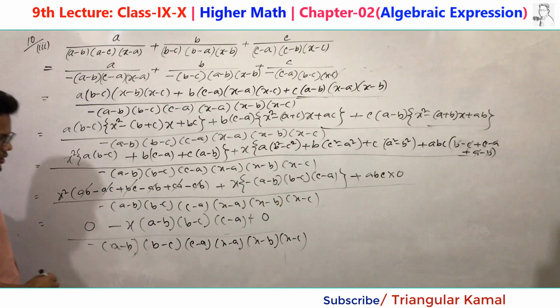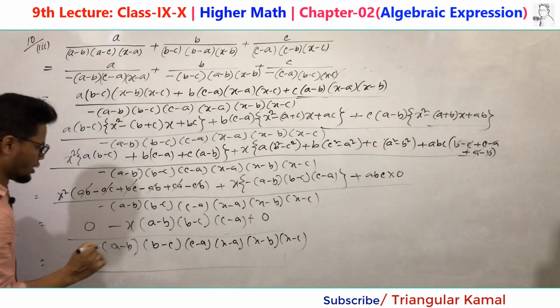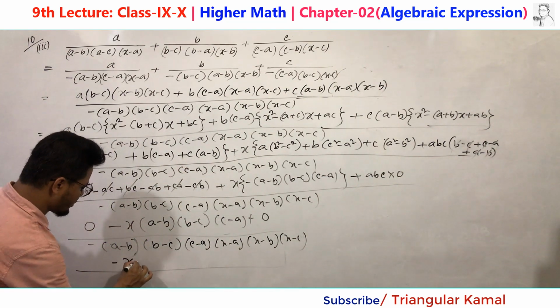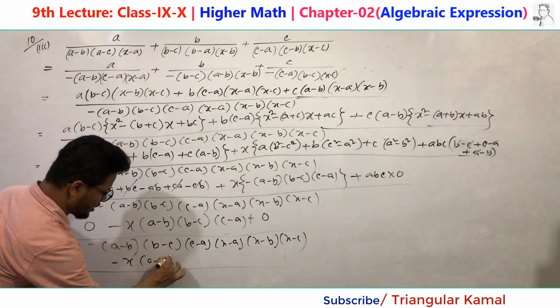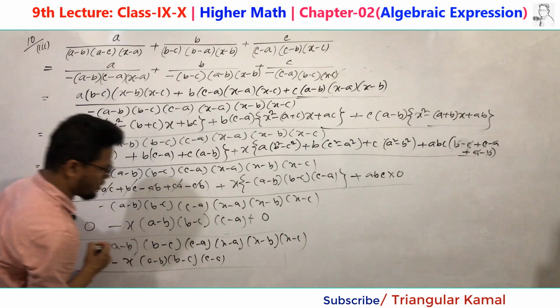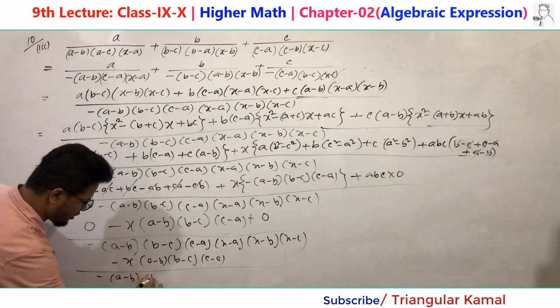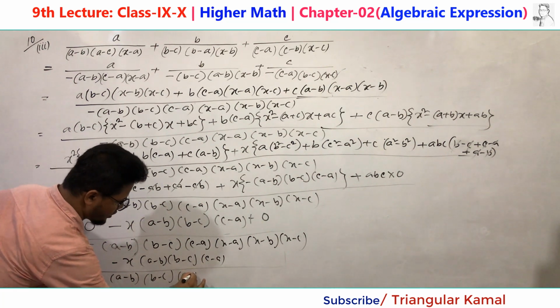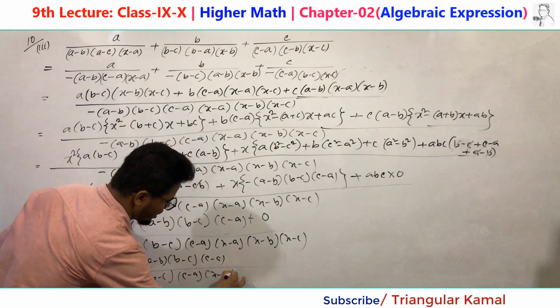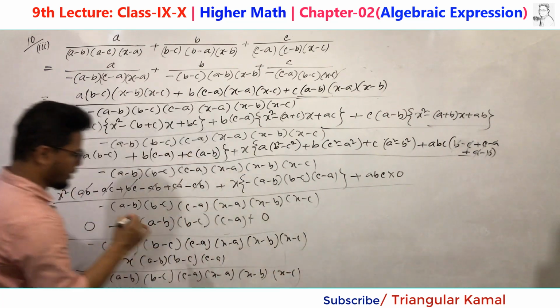Okay, doing the simple calculation here, it will be minus x multiply with a minus b, b minus c, and c minus a, and then the denominator part minus a minus b, b minus c, c minus a, x minus a, x minus b, and x minus c.